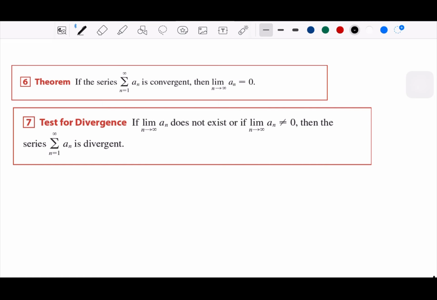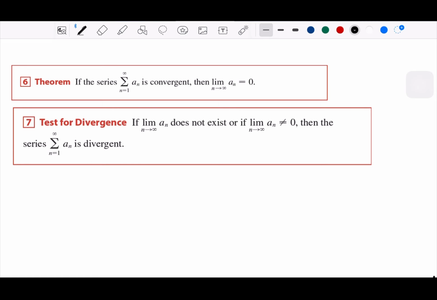Remember, if you have limit 0, you cannot conclude that it converges. You need to make sure it's convergent, then you make a conclusion about the 0 limit. And second, if the limit is definitely not 0 or doesn't exist, then you could say it's diverged.